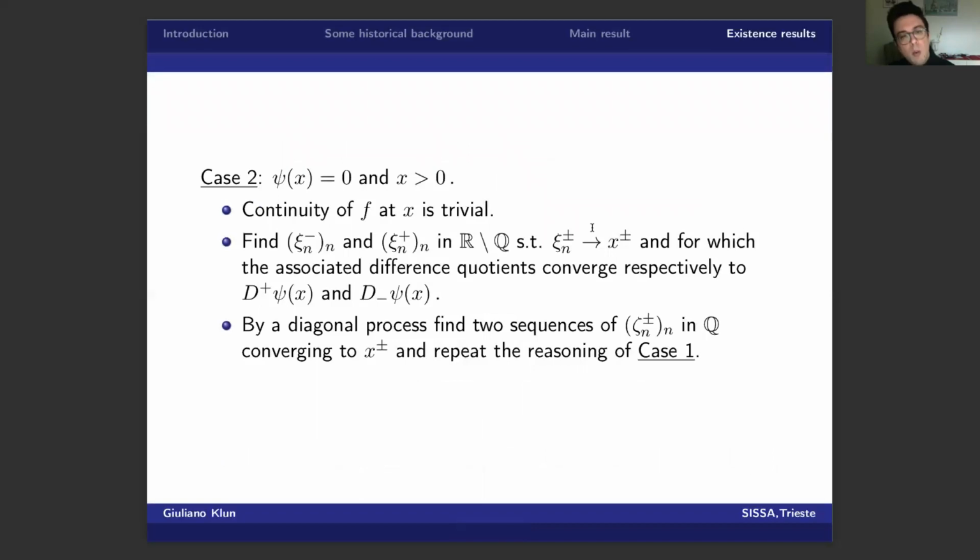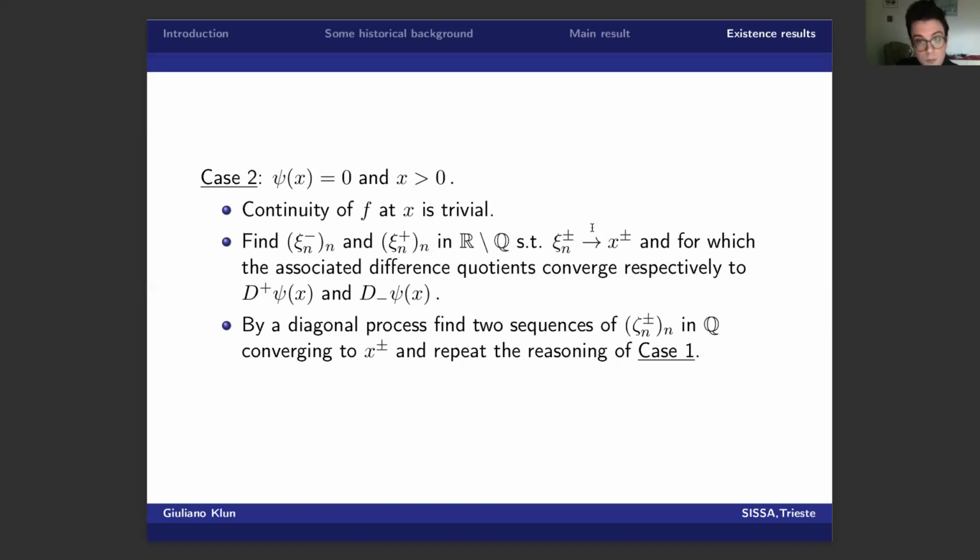So we can consider now the case when psi is 0, and again x is positive, because the case x negative is the same. So continuity of f at x is trivial because in this case the squeeze theorem gives the desired result, because the function is bounded between 1 and 2 times psi.